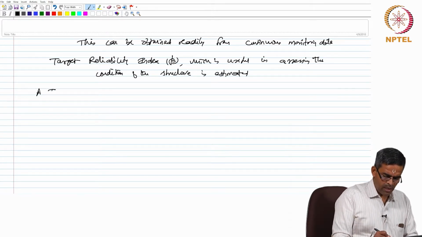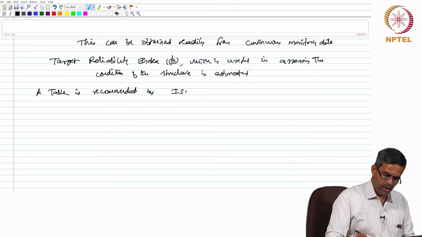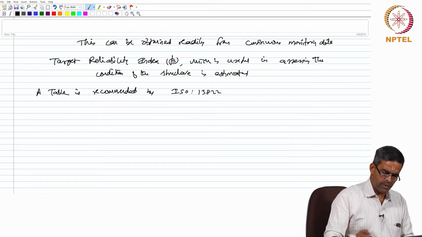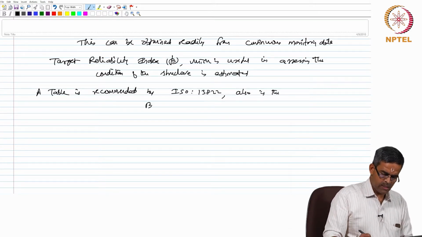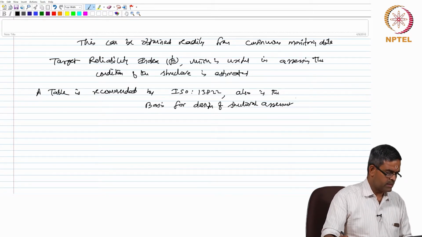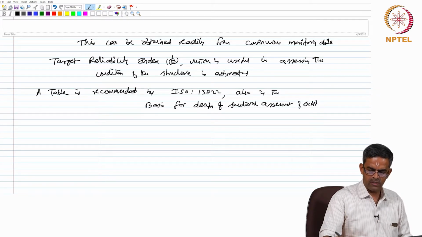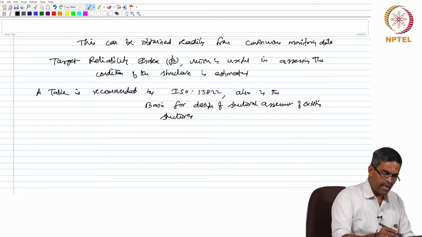So, a table is recommended by ISO 13822, which is also the basis for design and structural assessment of existing structures.